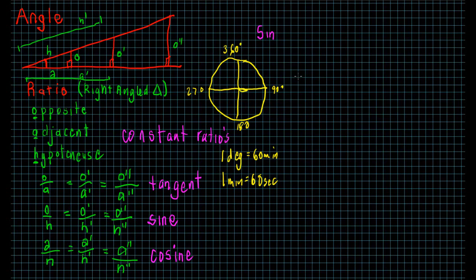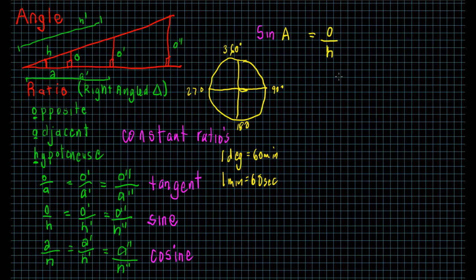So then they found out, well, let's say if we have the sine of any angle, we'll call it the sine of angle A, sine A. Okay, now that's a ratio. Remember, that equals the opposite over the hypotenuse.